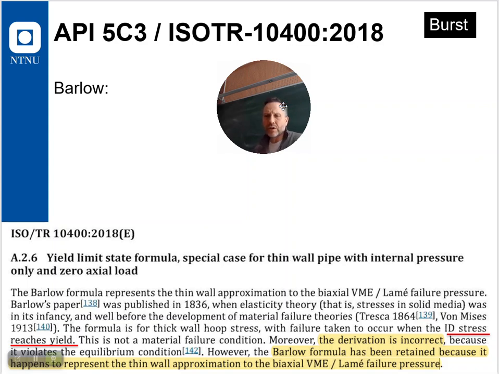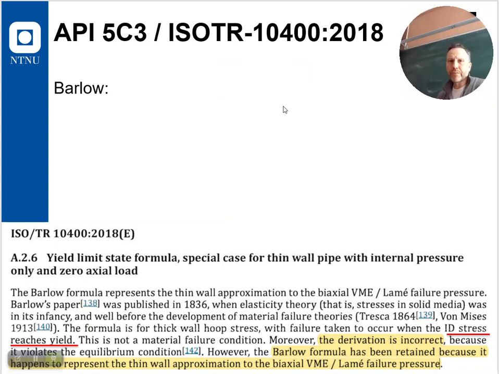The derivation of the formula to Barlow is incorrect. Barlow formula has been retained because it happens to represent the thin wall approximation to the biaxial von Mises Lamé. It's a triaxial design, like we talked about. Failure. So it's a coincidence.